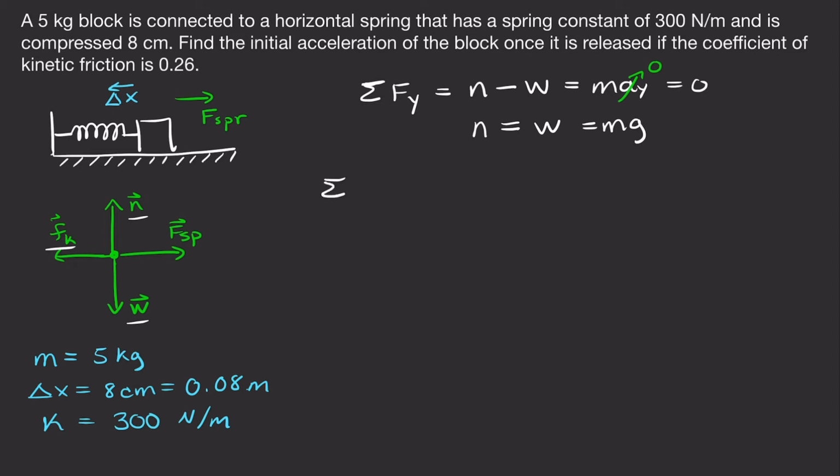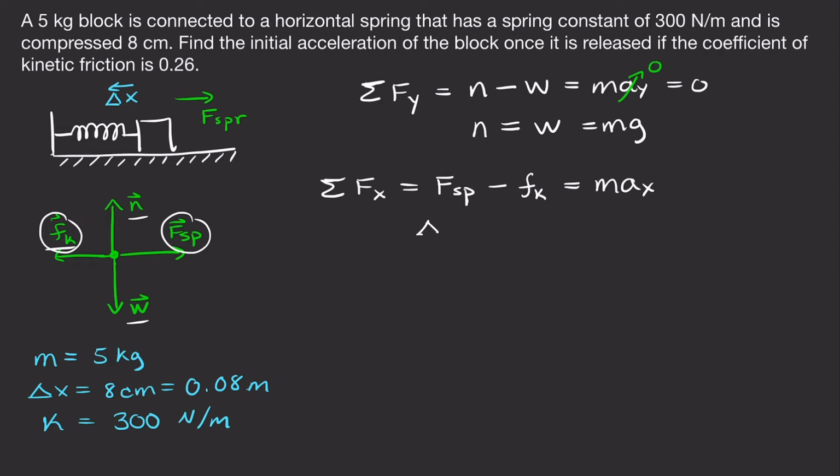Okay, now that I know everything about the y direction, I can move to the x direction. And if I sum up the forces in x, now I have the spring force and minus friction. So I have the spring force pushing me to the right. I have kinetic friction pointing to the left once I start moving, and that's going to equal the mass times the acceleration initially. Okay.